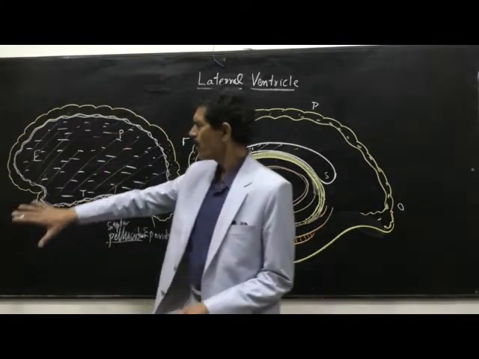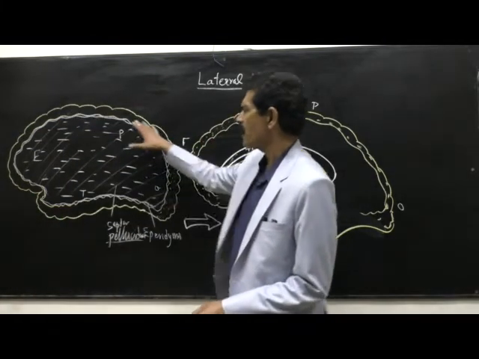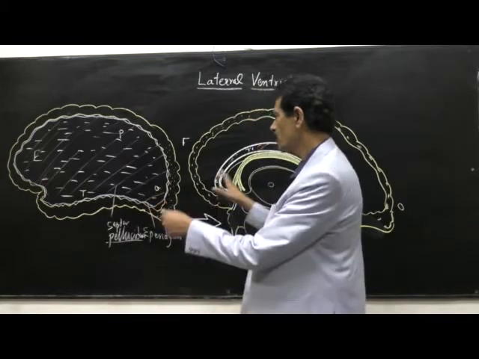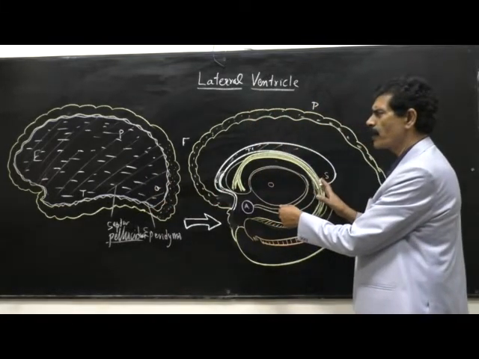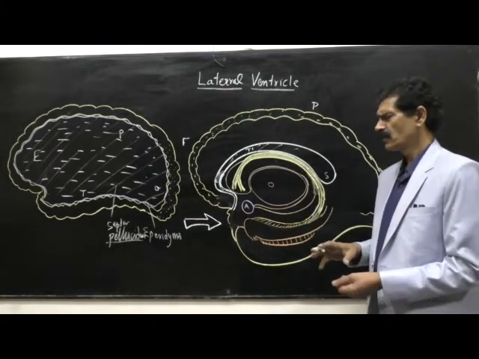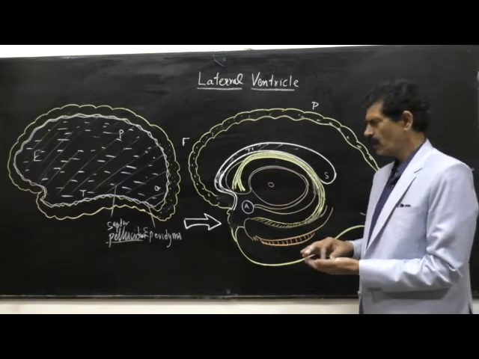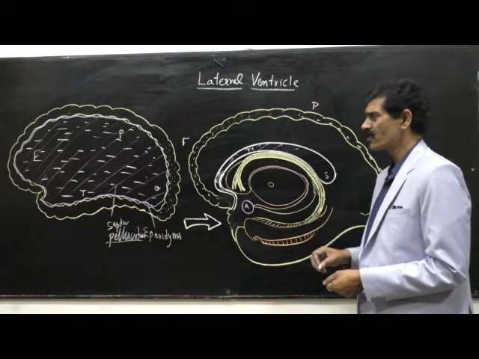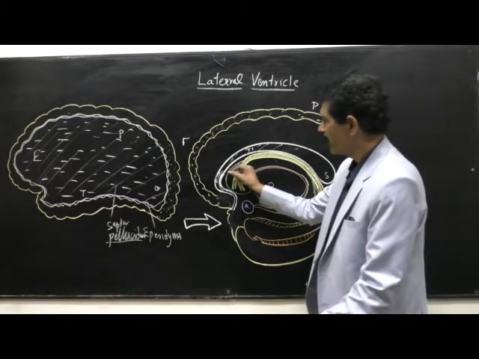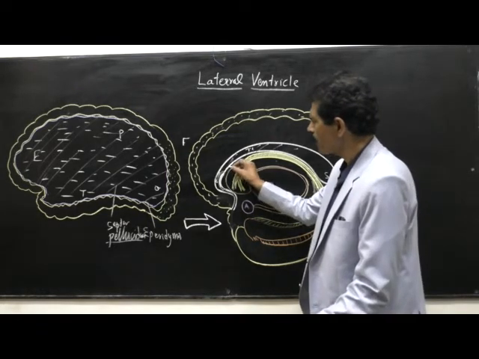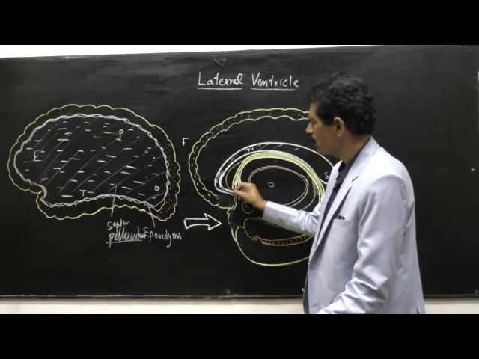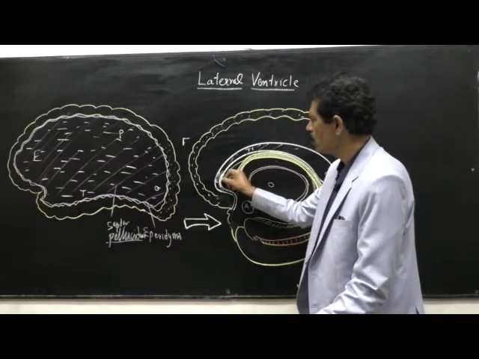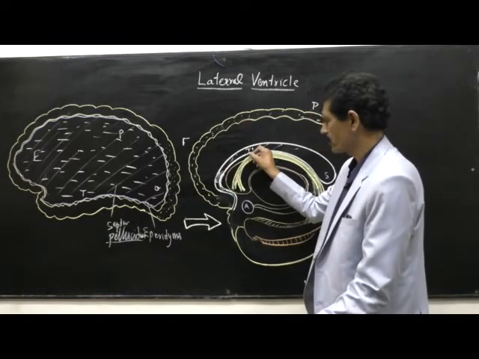So the septum pellucidum, which was very large in size, because of the development of the grey and white matter of the cerebrum, is diminished to a small size. And it is only confined below, in relation to the rostrum, genu and the anterior part of the trunk.